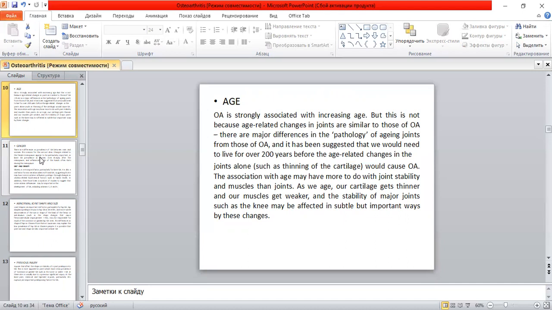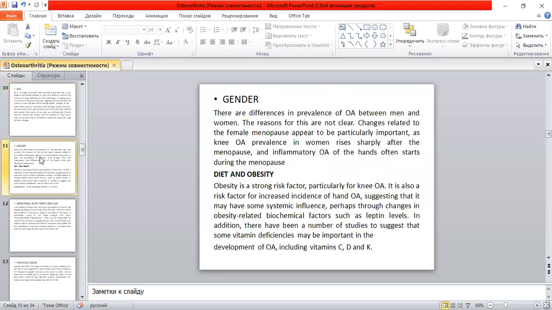The association with age may have more to do with joint stability and muscles than joints. As we age, our cartilage gets thinner and our muscles get weaker, and the stability of major joints such as the knee may be affected in subtle but important ways by this change.